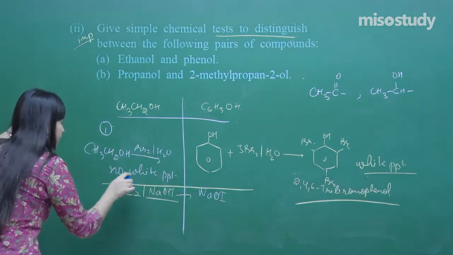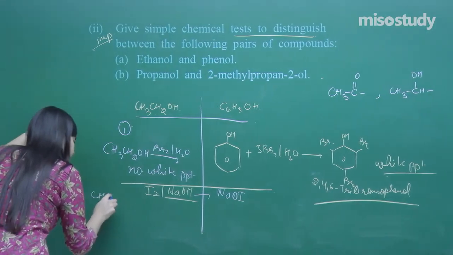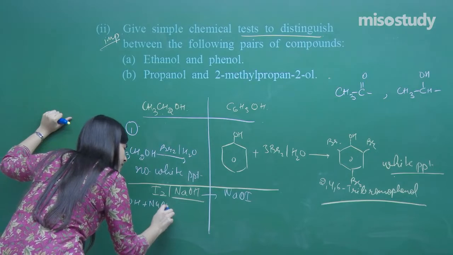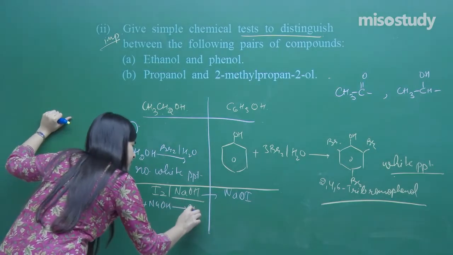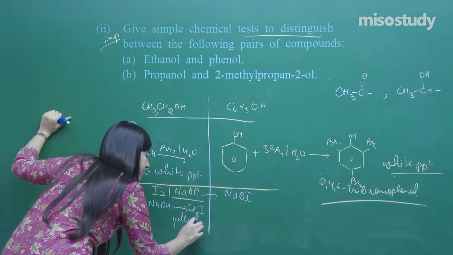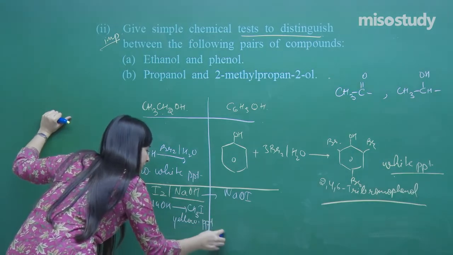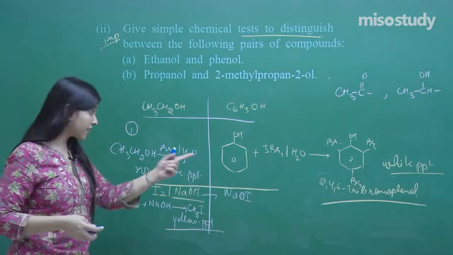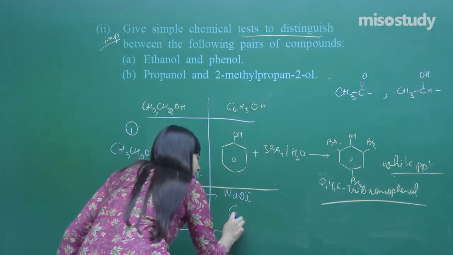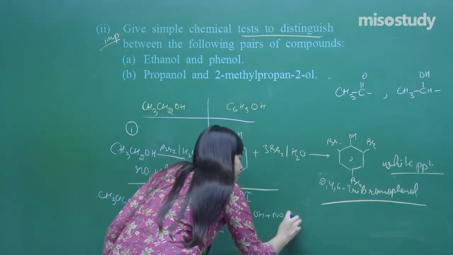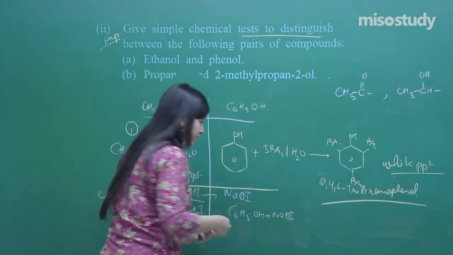So it will give iodoform, CH3I, yellow PPT. Always write yellow PPT. If I get a yellow PPT, then it is confirmed that it is giving the iodoform, whereas C6H5OH plus NaOI will not give.